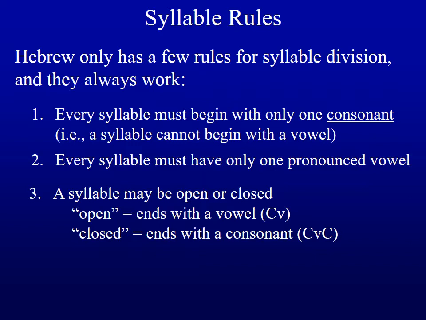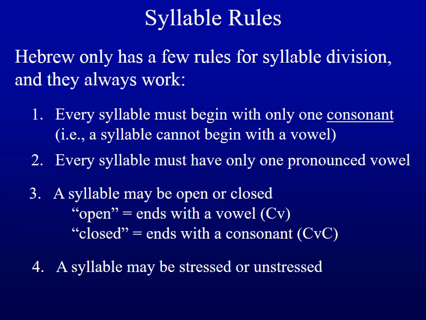So, for example, kach would be a closed syllable. Finally, a syllable may be either stressed or unstressed. In the typical Hebrew word, the stress is in the final syllable. So if you see a word without a stress marked, assume that the stress is on the final syllable. If the stress is someplace else, it will usually be marked.